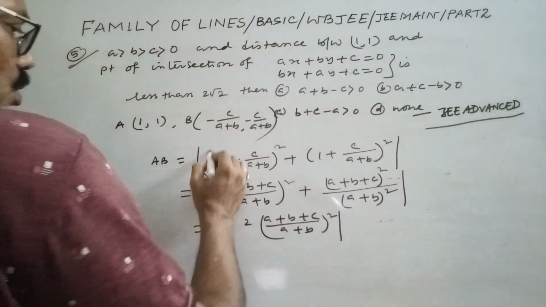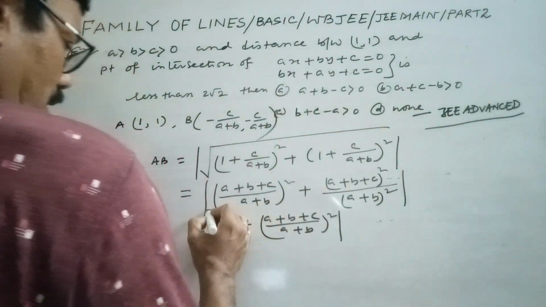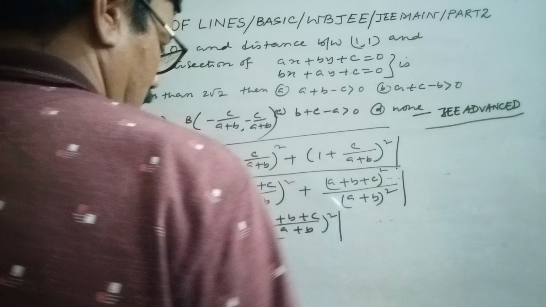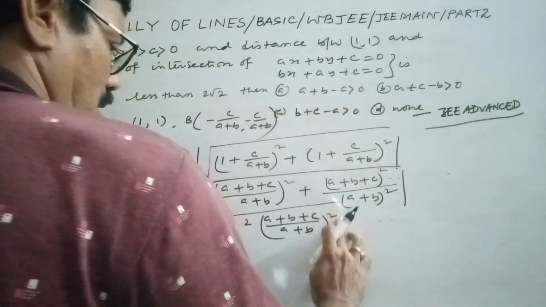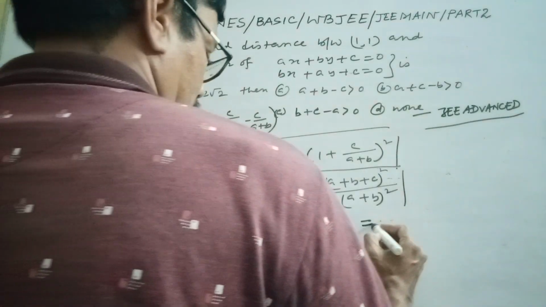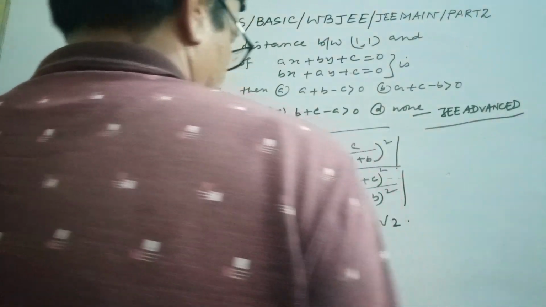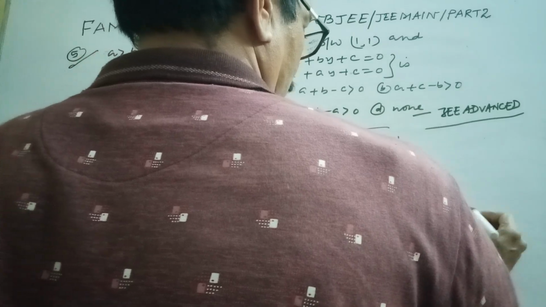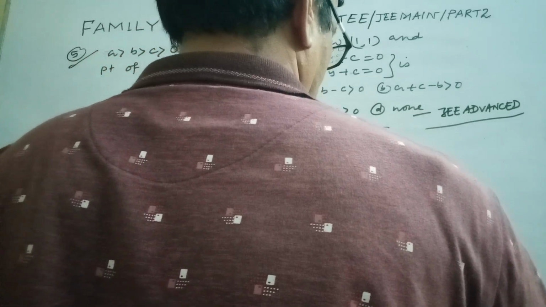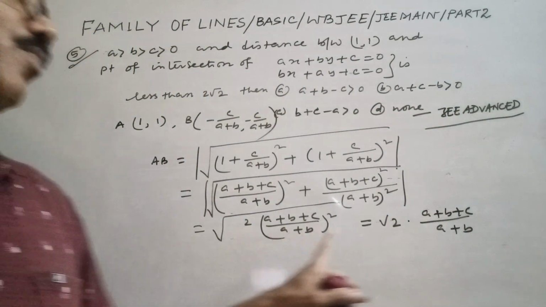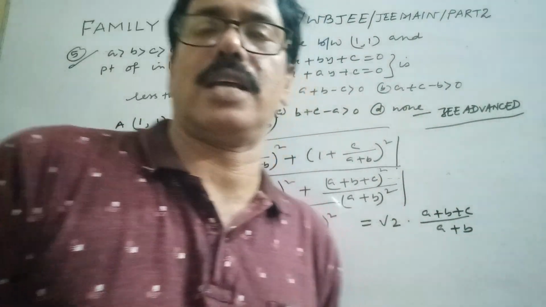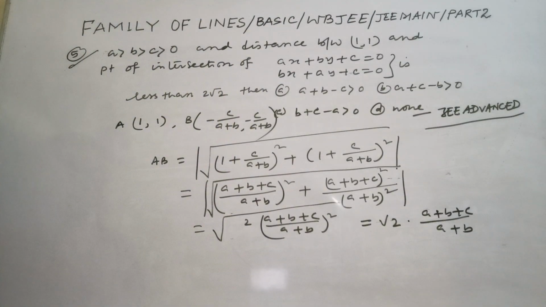So root over, obviously root over. So we are getting root 2 into (a plus b plus c) by (a plus b). So a, b, c are all positive. So we are getting this as the distance.